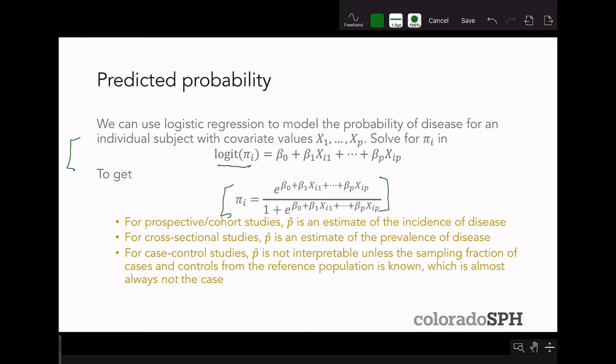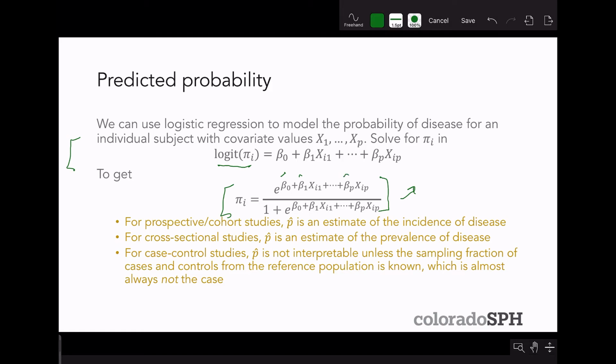And what you end up with is e to the x beta over 1 plus e to the x beta. And then for anybody who has a certain set of x values, for any individual, you can get an individual predicted probability based on their estimated coefficient values, which you would plug in here, and their individual x values.